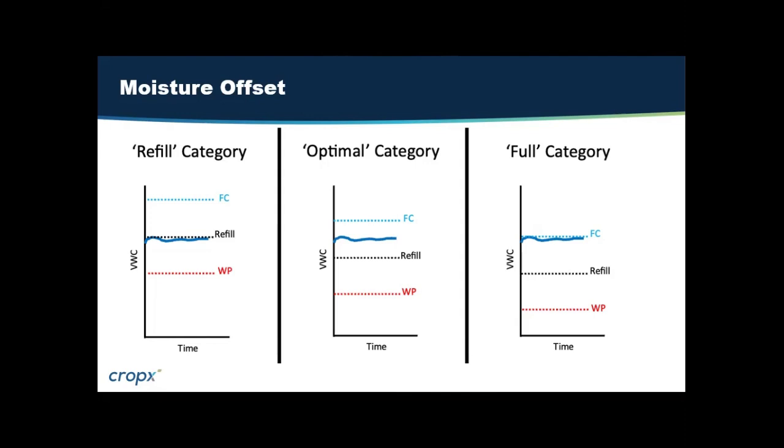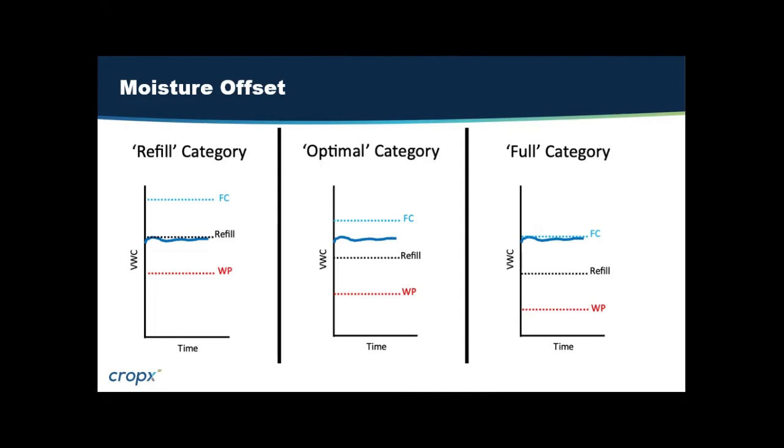Not yet. If I got an event that got to here and then leveled out, did I establish a new field capacity? Yes. So at each individual sensor, that's being evaluated and then added up to show what's on the profile sample.